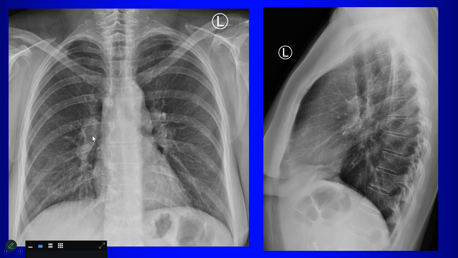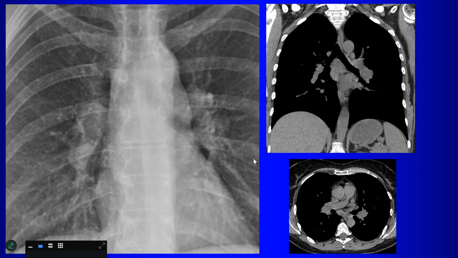Okay, so both hila look a little lumpy in this particular case, right? This is a patient with sarcoid. Yeah, this person has bilateral hilar lymphadenopathy. He also has subcarinal lymphadenopathy. So this is a very lumpy looking hila. Because it looks symmetric, you can miss that.